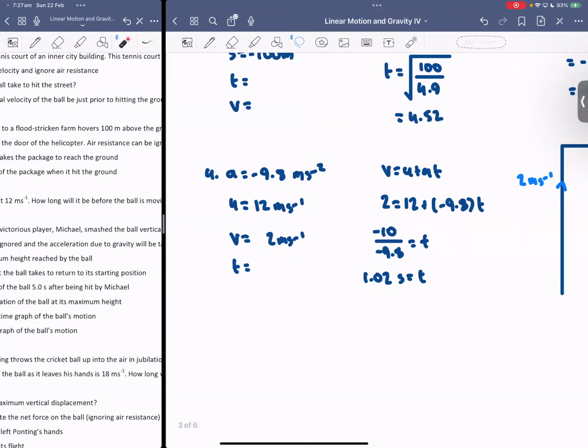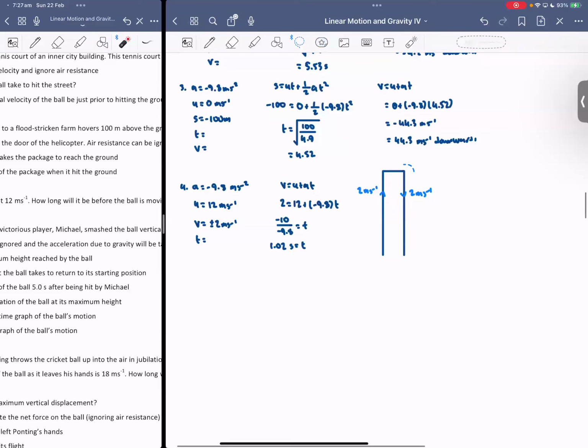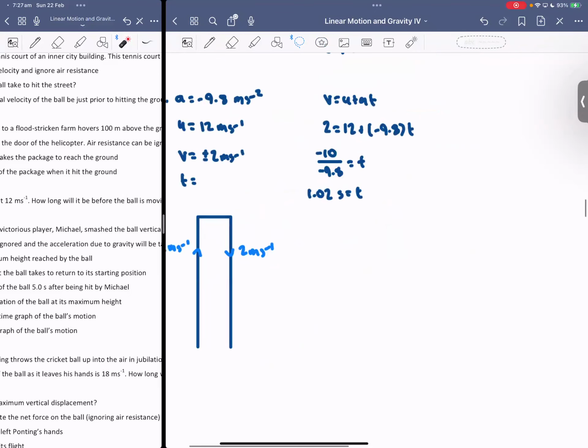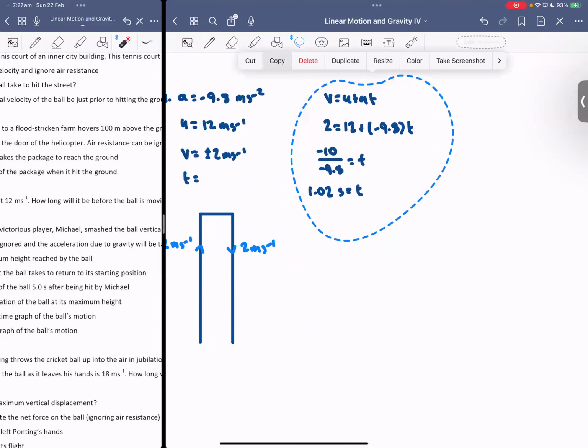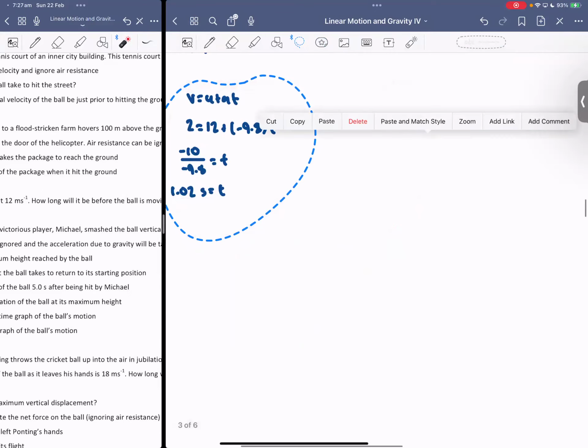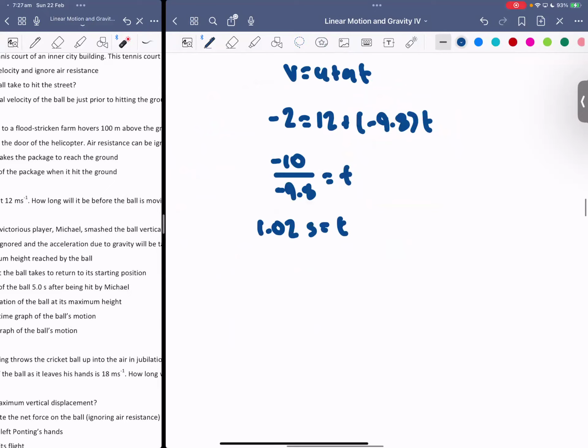To get the second answer, you have to consider the fact that v is not just 2, v is plus or minus 2. There is a time when the ball will be moving at 2 meters per second down. So you do the exact same working out, except you have minus 2 as your final velocity. Very few kids see that straight away. You bring the 12 across, so that's minus 14.